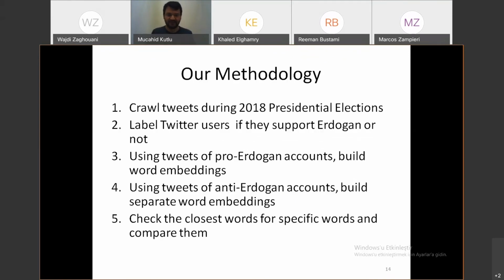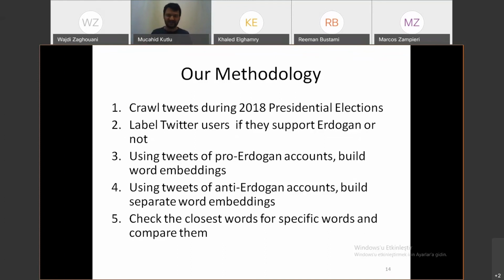what we did actually, we crawled tweets during the 2018 presidential elections in Turkey. And then we labeled users if they support Erdogan or not. And then using tweets of pro-Erdogan accounts, we built a word embedding model. And also using tweets of anti-Erdogan accounts, we built another word embedding model.